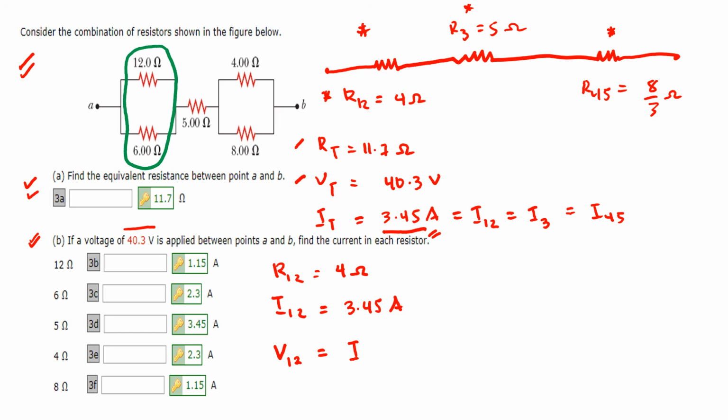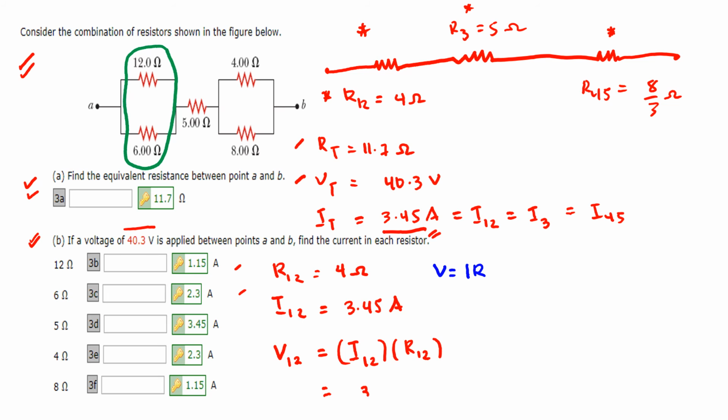So that would be voltage. Recall that voltage according to Ohm's law is just equal to IR. So we have voltage V12 is just equal to current I12 multiplied by R12, and we have this information.